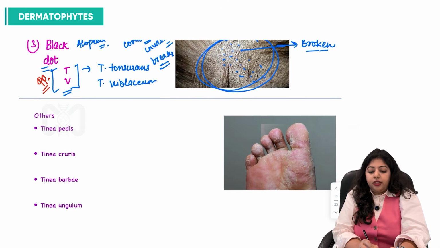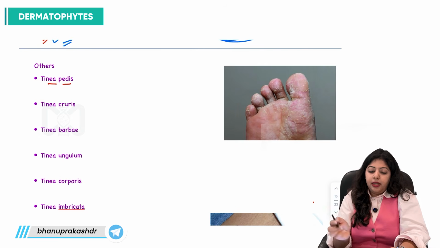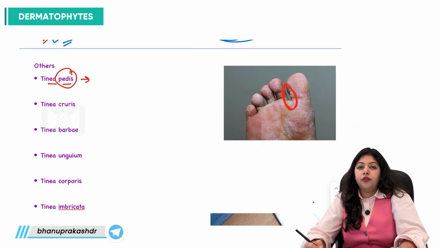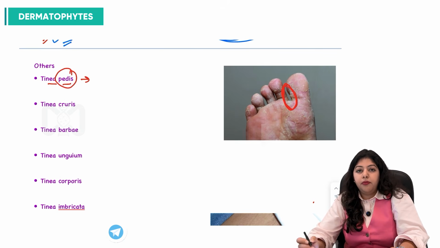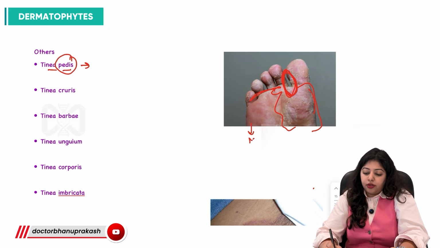Now what are the other types of tinea infections? Pedis stands for the infection of the web of the toes or web of the fingers, right? Firstly, it is going to involve the web, and then it is going to involve the sole of the foot in moccasin fashion.